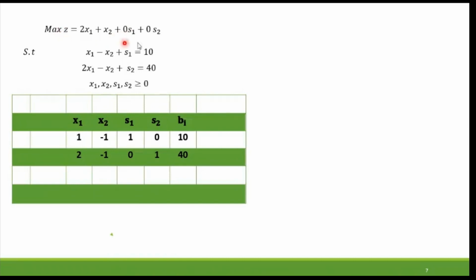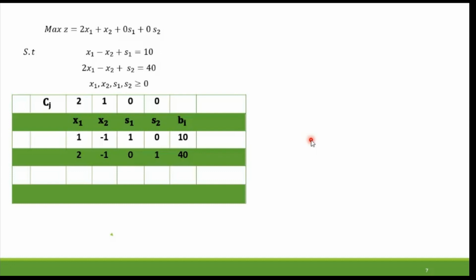Now we are giving the cost as 0, 0 because it should not affect the objective function. अगर हमारा जो मैक्सिमाइजेशन प्रॉब्लम है वहां पे s1, s2 इफेक्ट नहीं होना चाहिए. Okay, so for that purpose we are giving the cost as initially 0 and 0. So next will be Cj. Cj क्या होता है? It is the cost, it is the coefficients of x1, x2, s1, s2 from the objective function. So 2, 1, 0, 0.